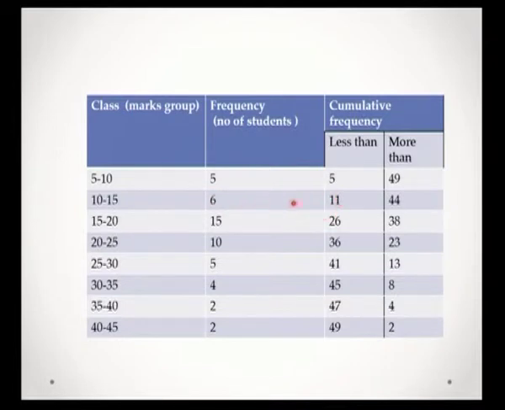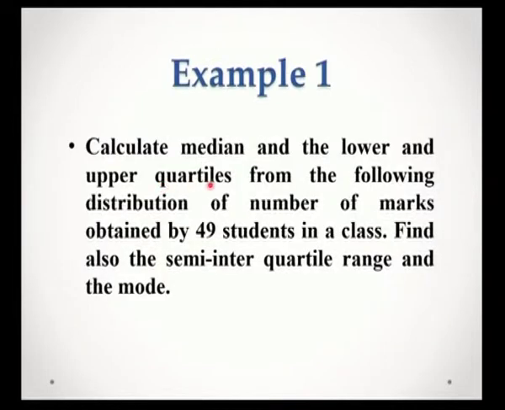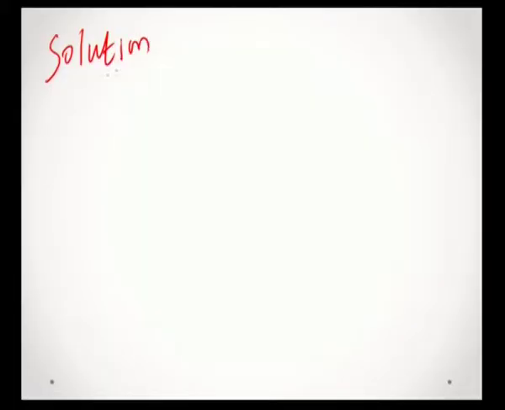So 5 plus 6, 11 students are there, then 44. Like that the classes of data are given. For this data, you are asked to calculate the median, the lower and upper quartiles and the mode. The solution to the above problem can be obtained by considering the formula for the median.